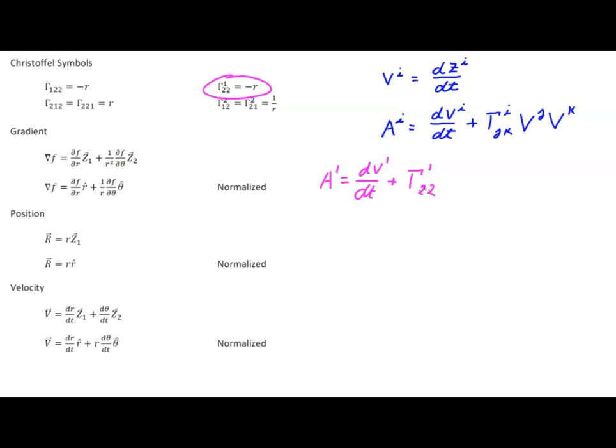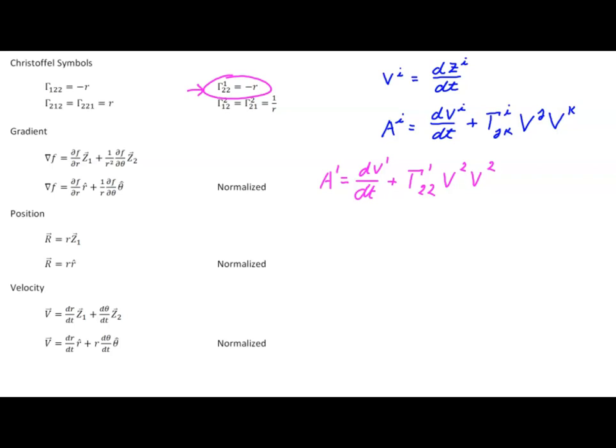And according to our formula, when j is 2 and k is 2, then we're going to have V2, V2. Now we can ignore the terms where gamma would be equal to 1 with 1s in the lower position, or 1, 1, 2, or 1, 2, 1, because all of those are 0. This is the only non-zero Christoffel symbol with a 1 in the upper position. So that's going to be our expression.